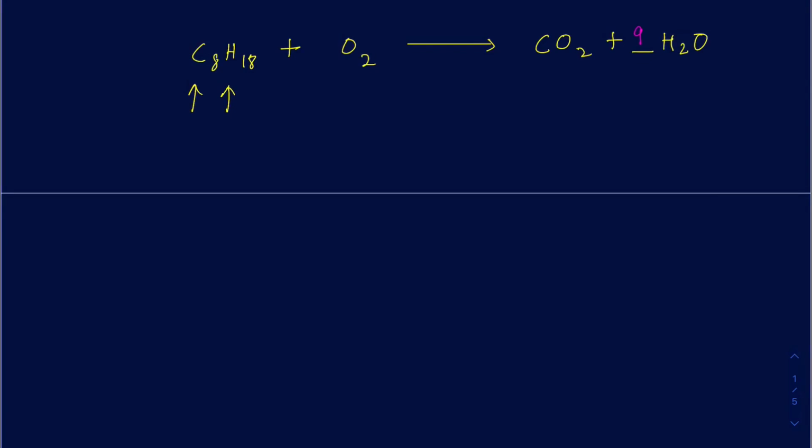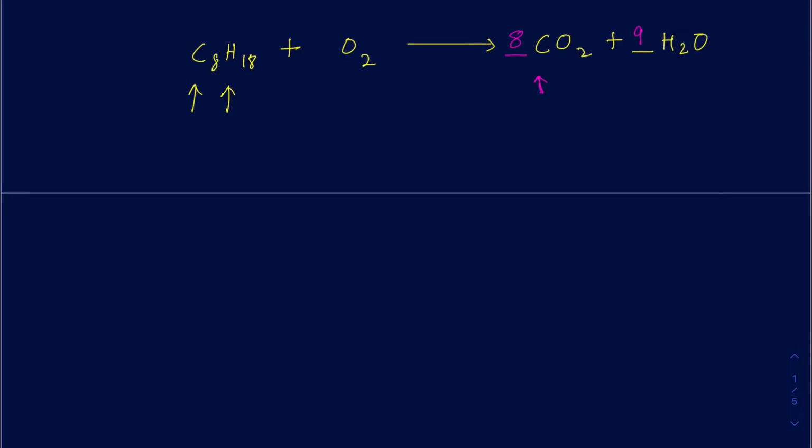Now let's focus on your carbons. I have 8 carbons on your reactant side. And how many carbons do you have on the product side? Well, so far we have only 1 carbon on the product side. And to make a total of 8 carbons on the product side, I can go ahead and put 8 in front of CO2. And that takes care of the number of carbons there.